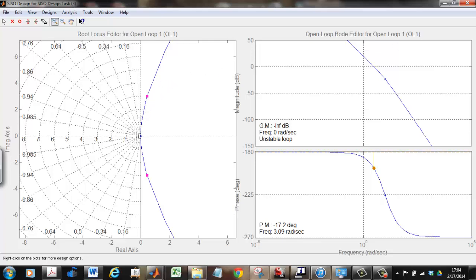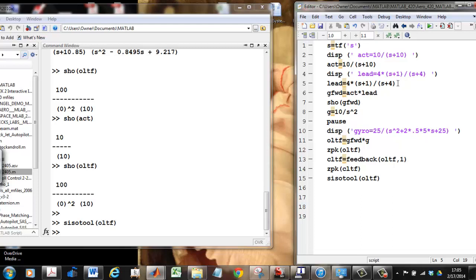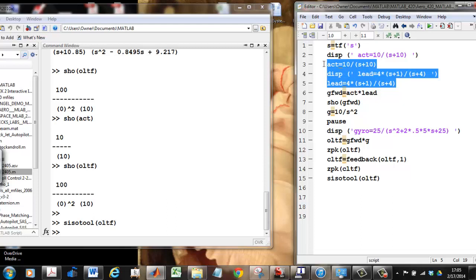So let's suppose that I put some lead in for that actuator, and I'll pick 4 over s plus 1 over s plus 4. That'll put the zero closer to the origin and give me some lead on that actuator.